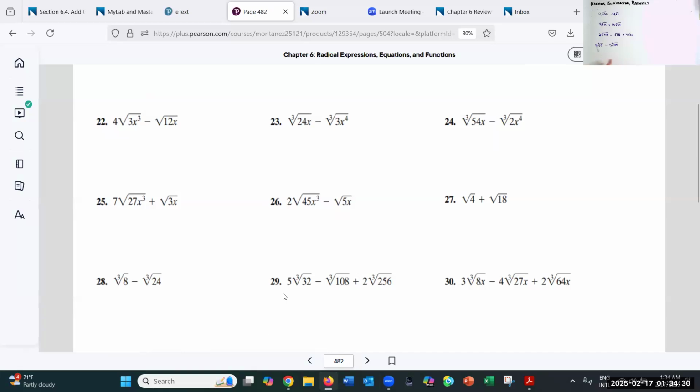Another one with big numbers: 5 cube root of 32 minus 2 cube root of 108 plus 3 cube root of 256.